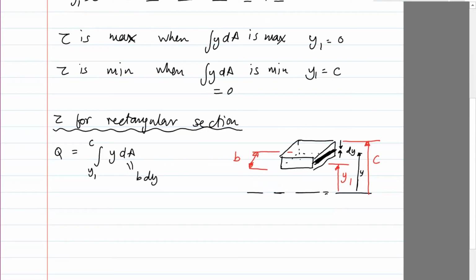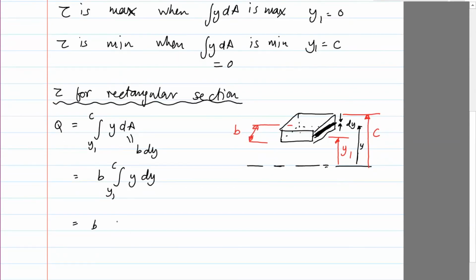If you integrate that, b comes out: b times integral of y dy, which is y squared divided by 2, with upper limit c and lower limit y1. So we have b over 2 times c squared minus y1 squared.